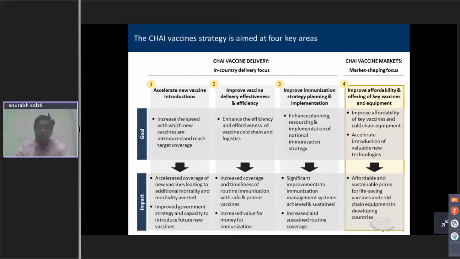So we not only support countries in procurement of antigens, but also in understanding what type of cold chain equipment would be most suited for those conditions.